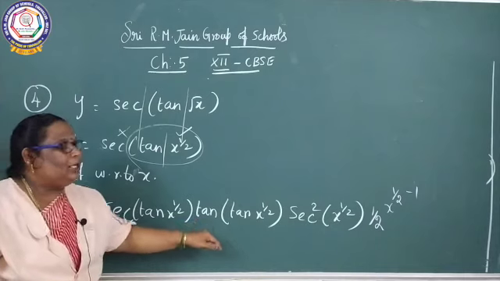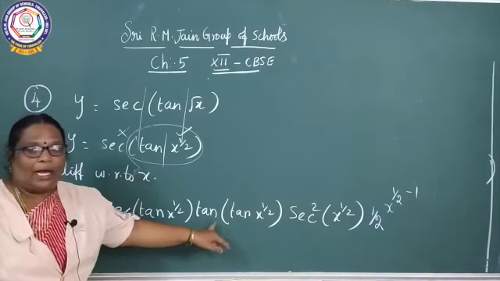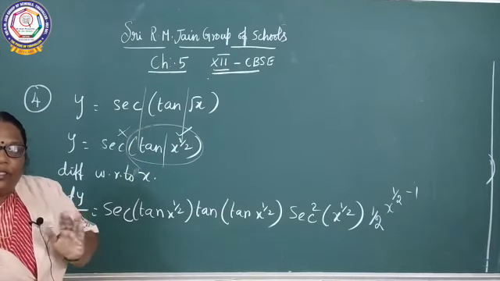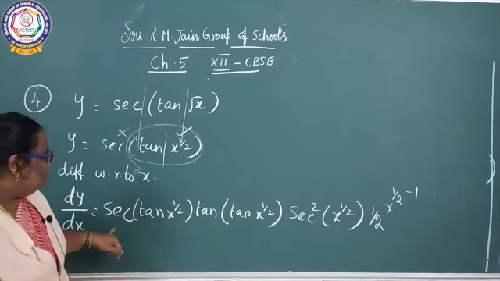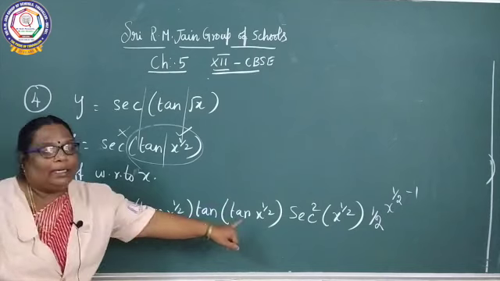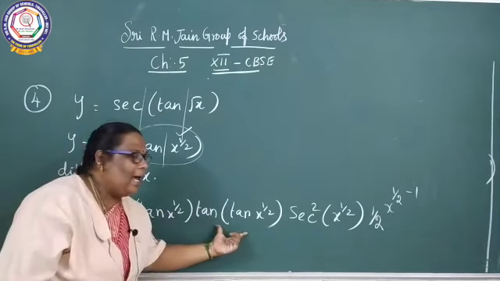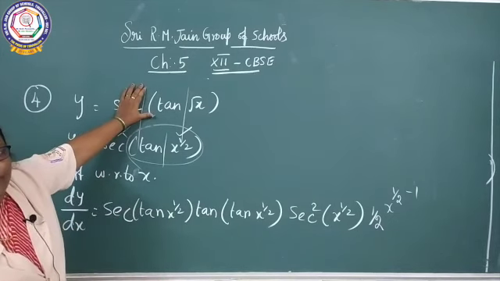Secant x into tan x, where the x is tan x power 1 by 2. So this part is over.